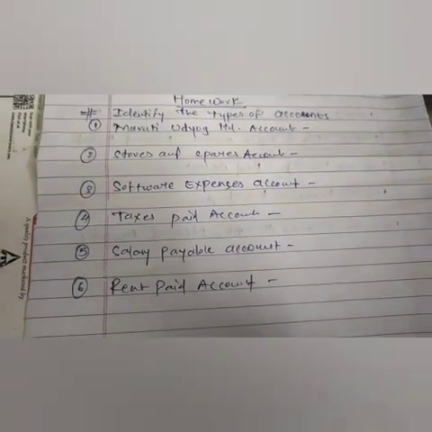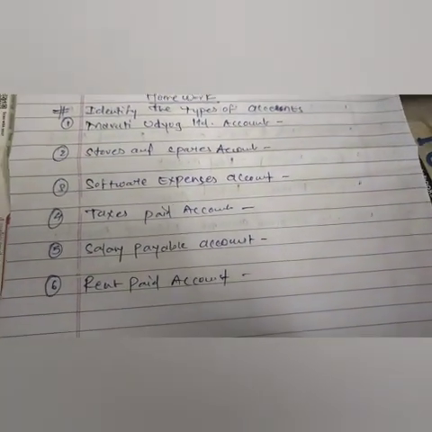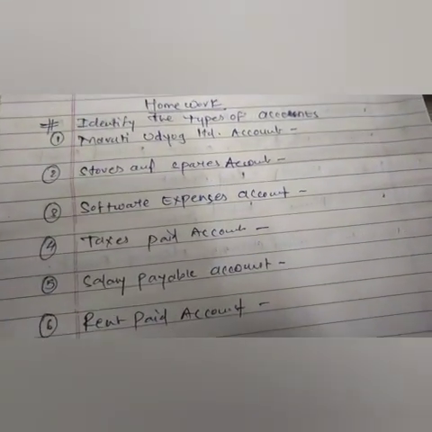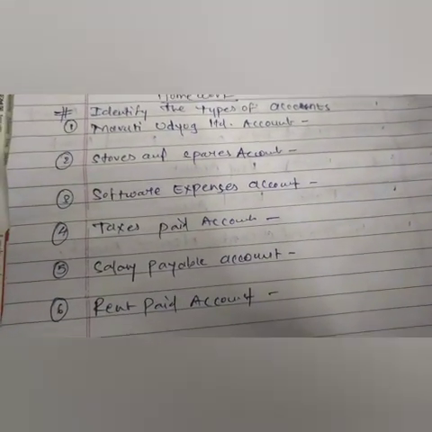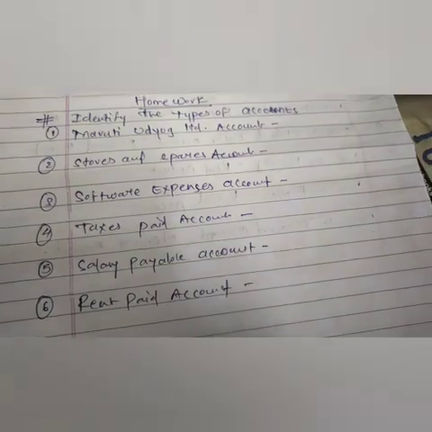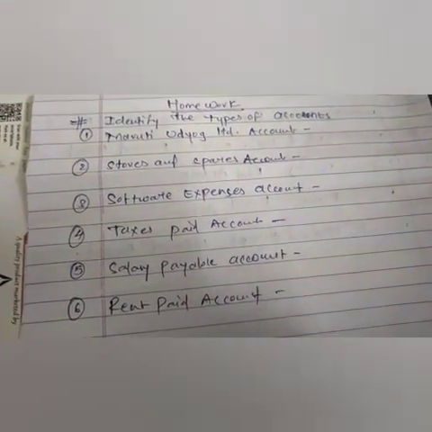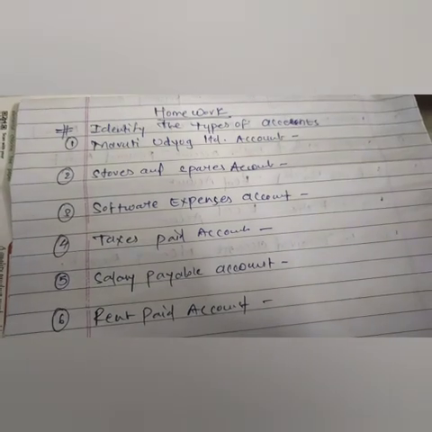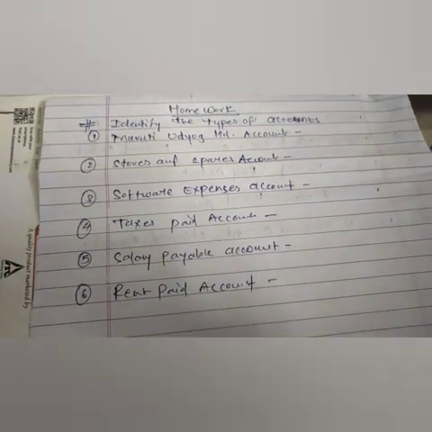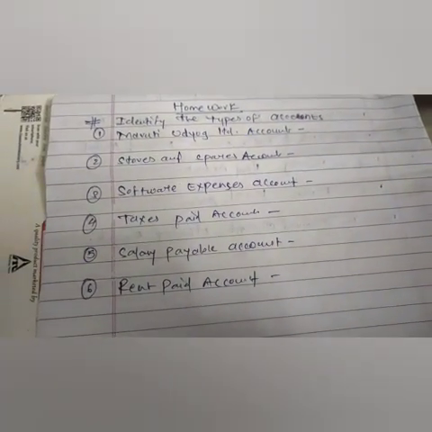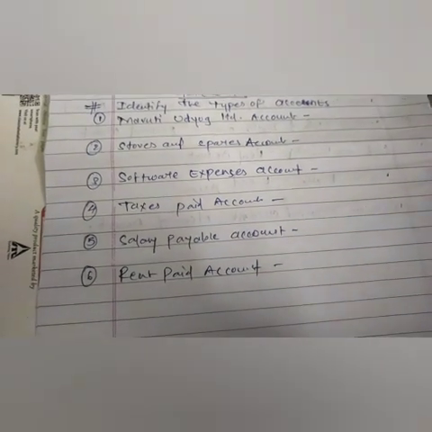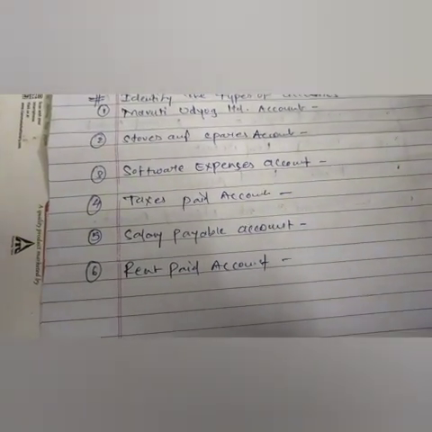So here are some examples for you to solve at home. Homework for you: identify the types of account. First one is Maruti Udyog Limited account, stores and spares account, software expenses account, taxes paid account, salaries payable account, rent paid account.